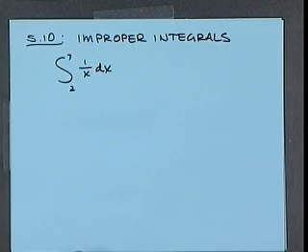We're integrating 1 over x dx from 2 to 7. It's starting at 2. It's stopping at 7. We're going to have a numerical answer. It's the area under this curve. In fact, we know what that is. It's the natural log of 7 minus the natural log of 2, or the natural log of 7/2 would be a way to put those together.